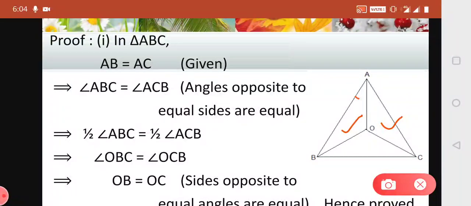That is angle BAO and angle CAO. When these two angles are equal, it means angle A is divided into two equal parts. So we write: AO is the bisector of angle A.